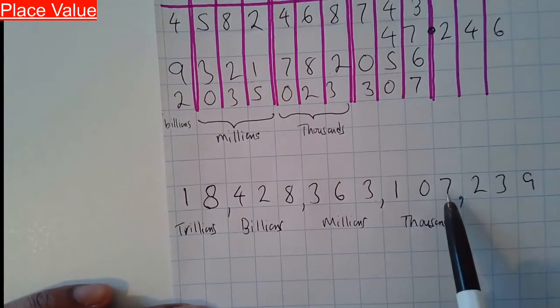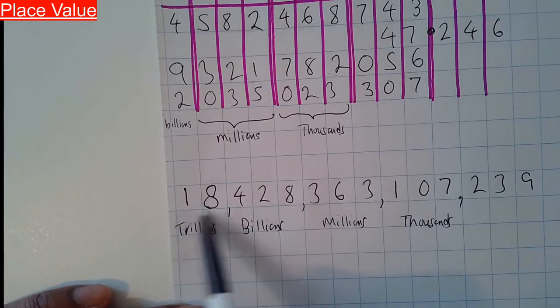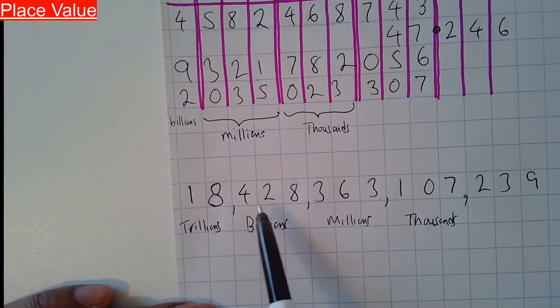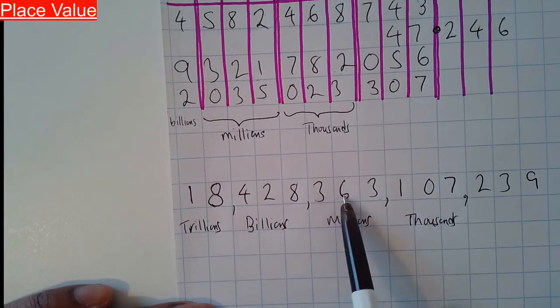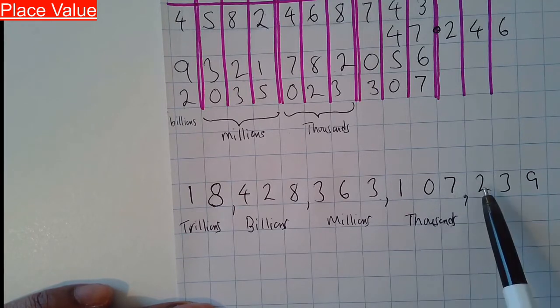Okay. Thousands, millions, billions, trillions. So that's 18 trillion, 428 billion, 363 million, 107,239.